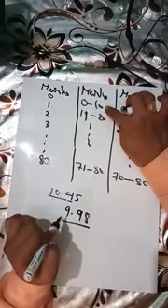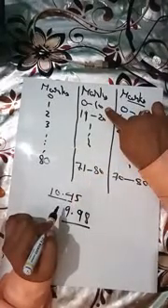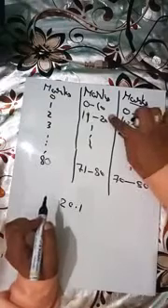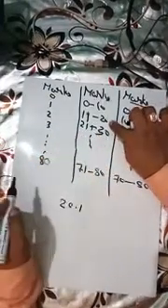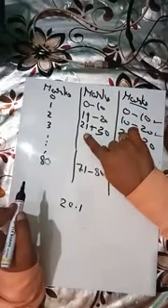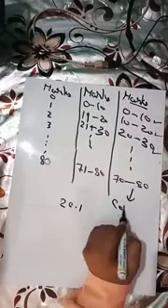Let's take one more example. If it is 20.1, the 20.1 will not come here, because it ends at 20 and the next starts from 21. So 21.1 will come in this. So this class interval is called a continuous class interval.